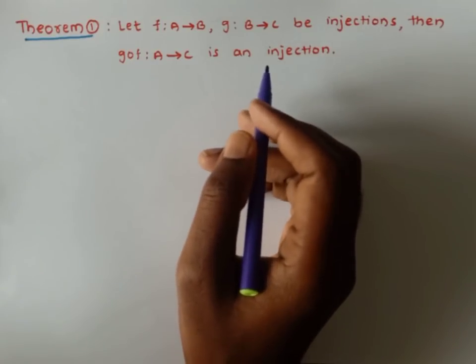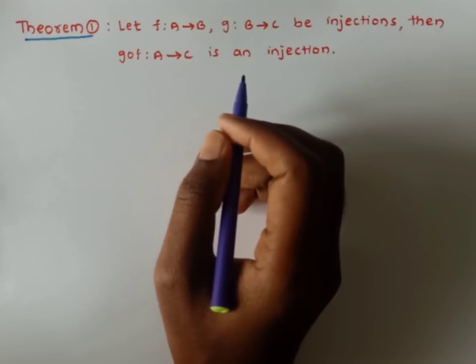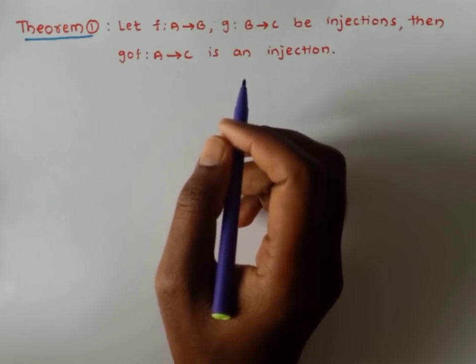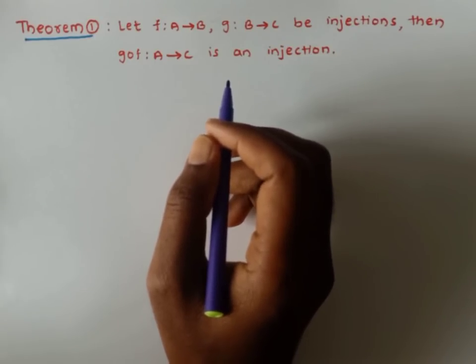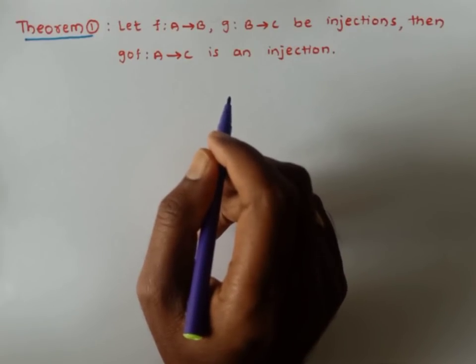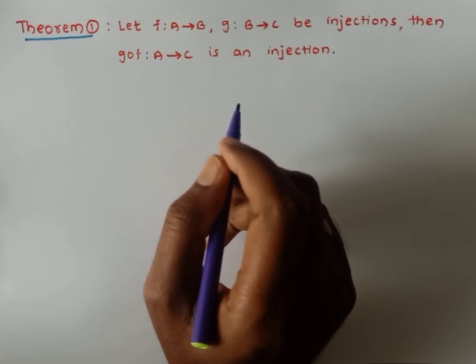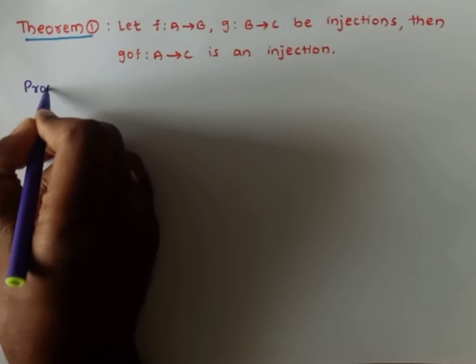So you know the definition of a one-one function, right? If any two images are the same for f, then the elements are the same, or distinct elements have distinct images. So let us see the proof.